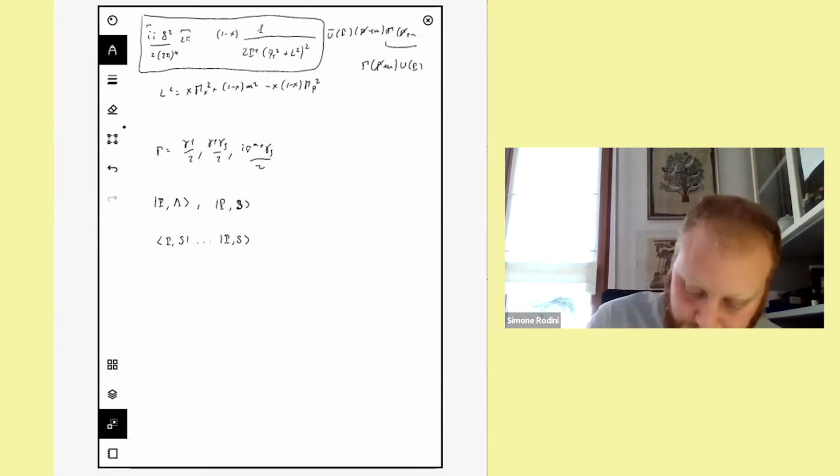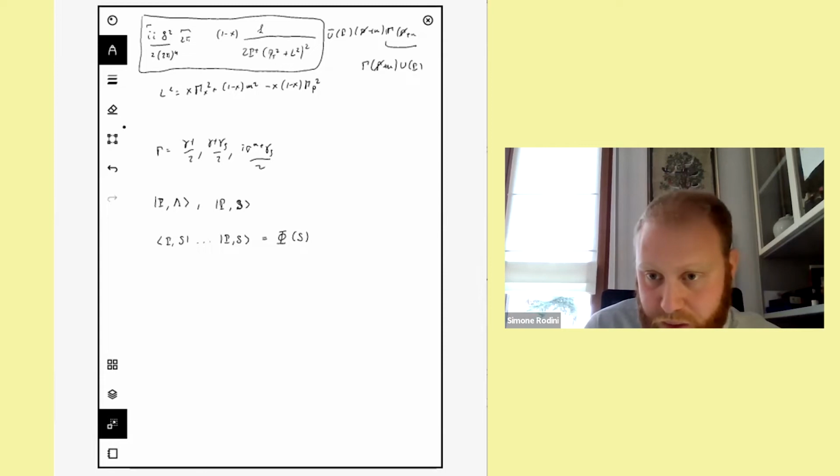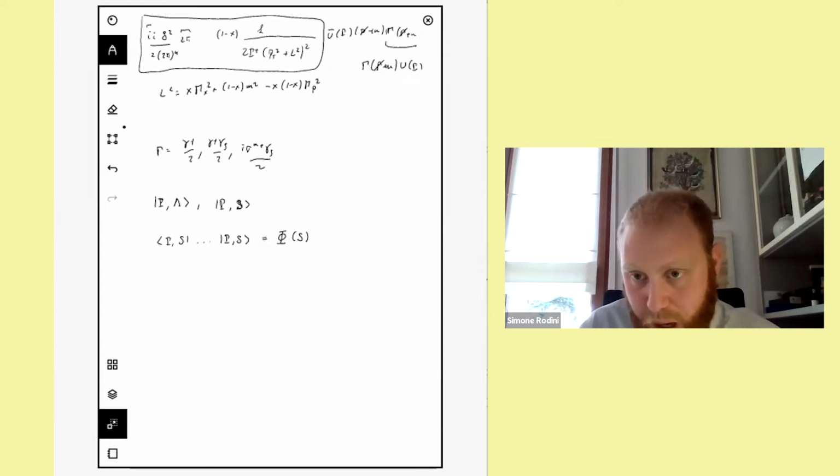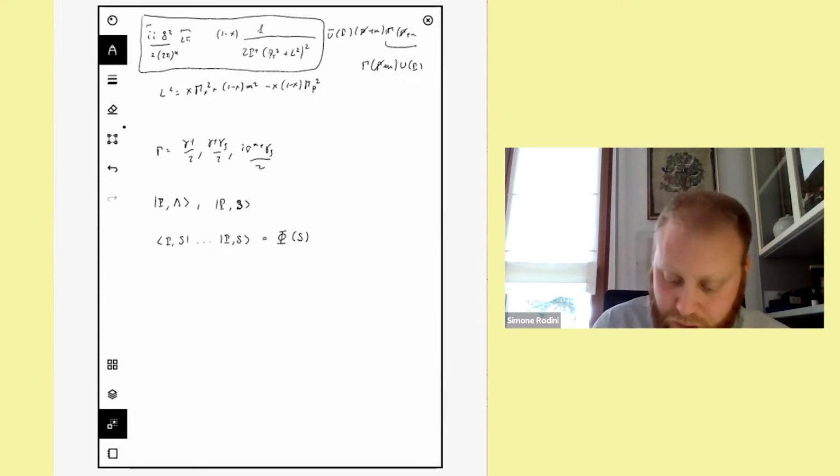Let me call this phi S, which is your correlator. Phi usually is the standard name, with other dependencies, whatever, I do not care. Right now I just care about the representation of the initial and final state in terms of spin or helicity. So just forget about everything else, it does not matter.